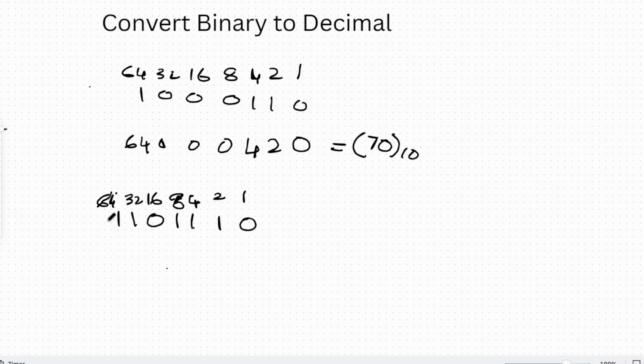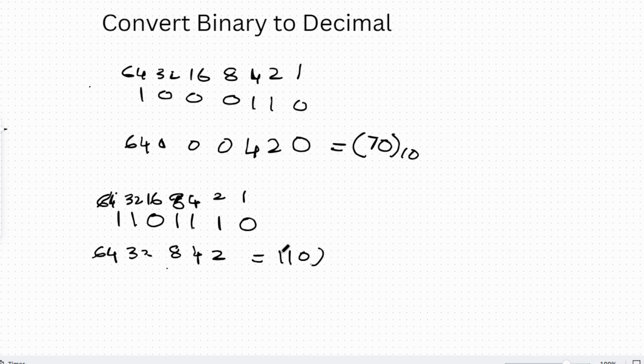Now write down the numbers. 64 into 1 is 64, 32 into 1 is 32, 8 into 1 is 8, 4 into 1 is 4, 2 into 1 is 2. Rest are zeros, so I'm not taking those numbers. So what is the total? The total is 110.